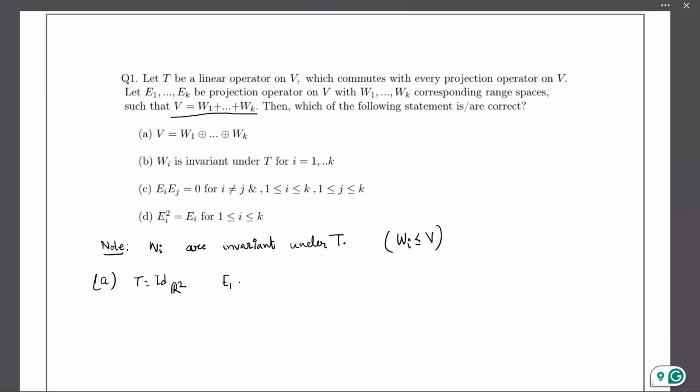Take E1 of (x, y) defined as (x, 0). This is the projection onto the x coordinate, for x belonging to R. Take E2 equal to the identity itself. Then E2 is also a projection, right? E2 squared is equal to the identity itself.